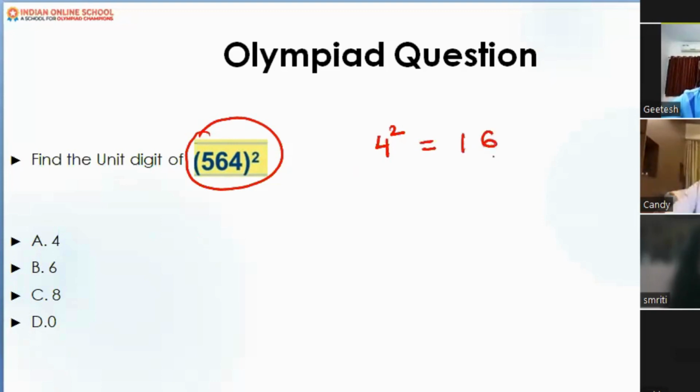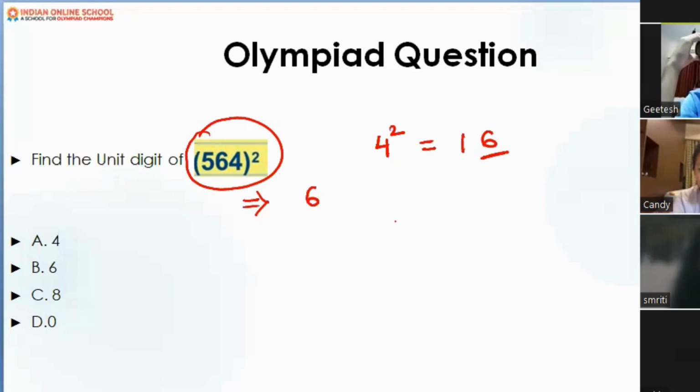That is 16 only. And what is the unit place digit of 16? Unit place is 6. So the square of 564 also ends with the digit 6. Understood? Ma'am, can you explain it again?